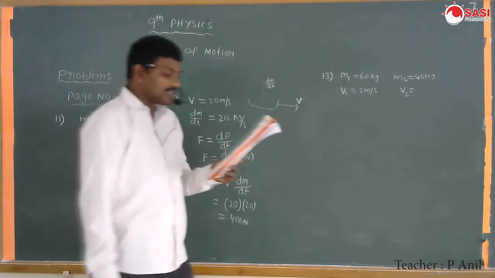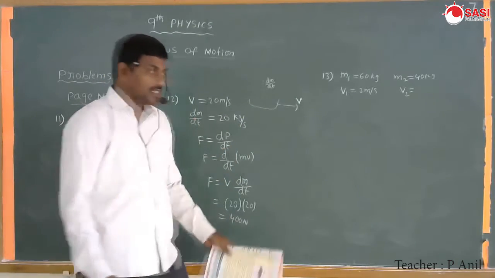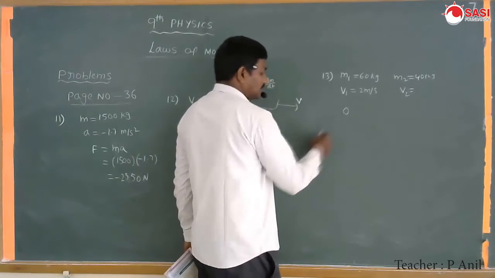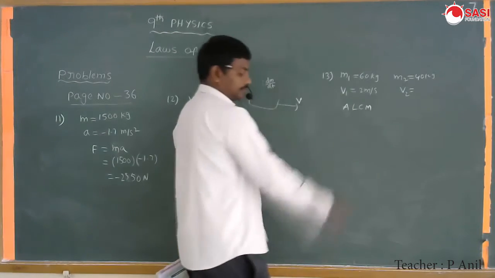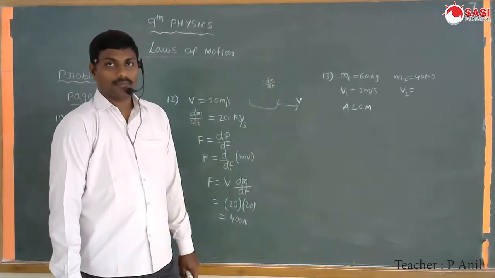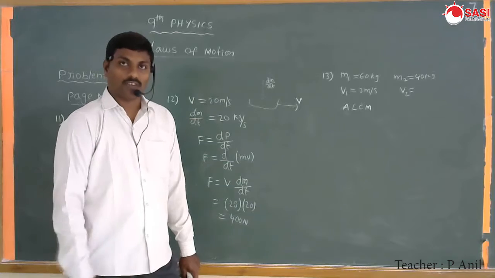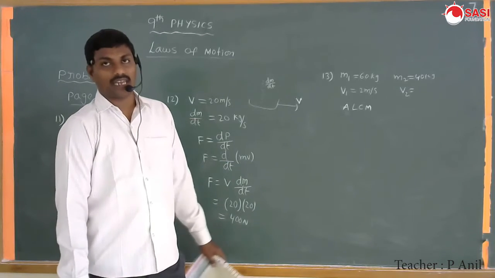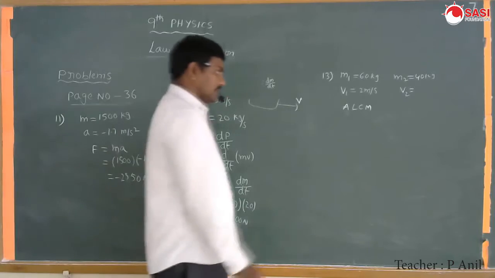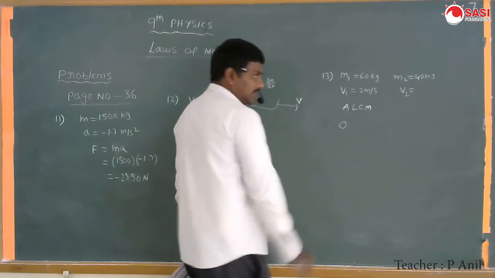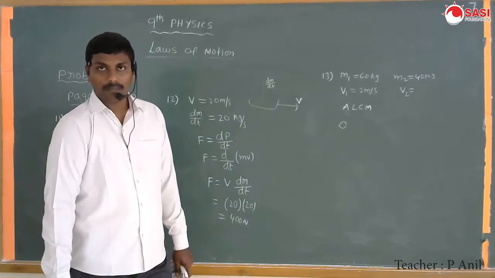Two ice skaters are initially at rest, which means their momentum is zero. According to the law of conservation of momentum, if there is no external force acting on the system, the total momentum of the system remains constant. Initially they are at rest, that's why their momentum is zero.